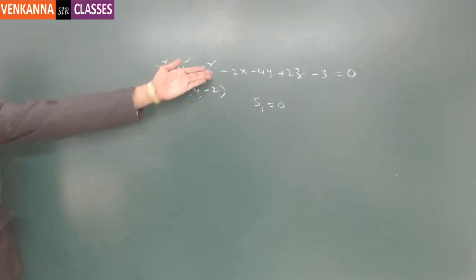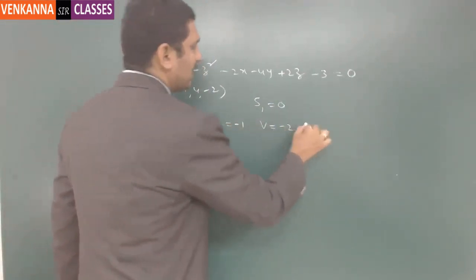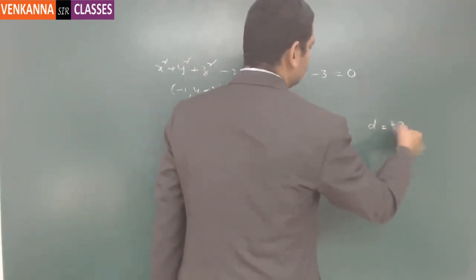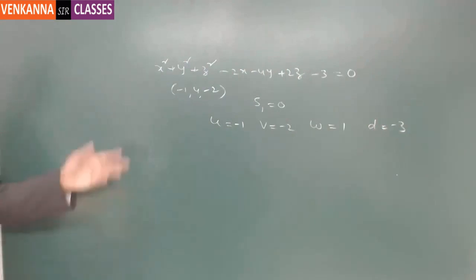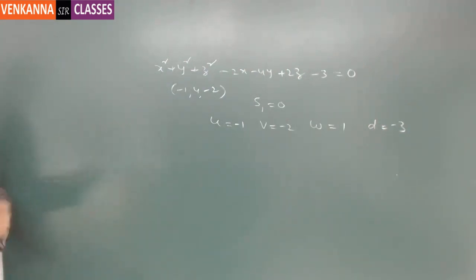So from the sphere equation, u is minus 1, v is minus 2, w is 1, and d is minus 3. I have given a formula earlier to you, so please substitute the values there and compute the tangent plane equation.